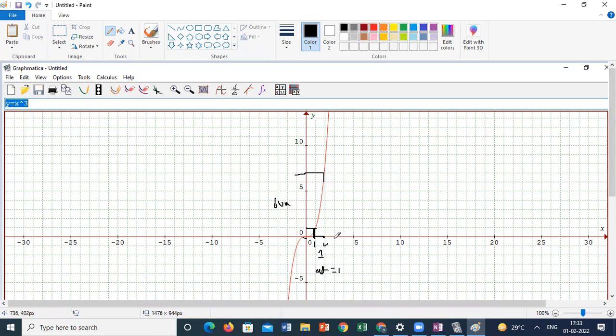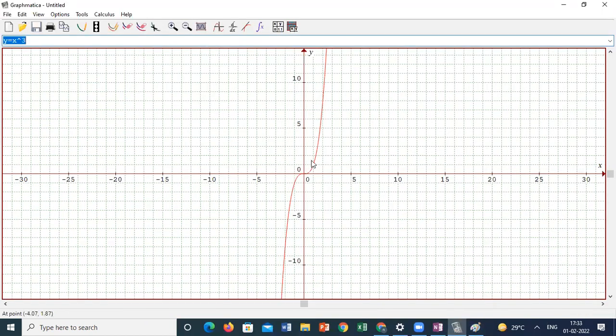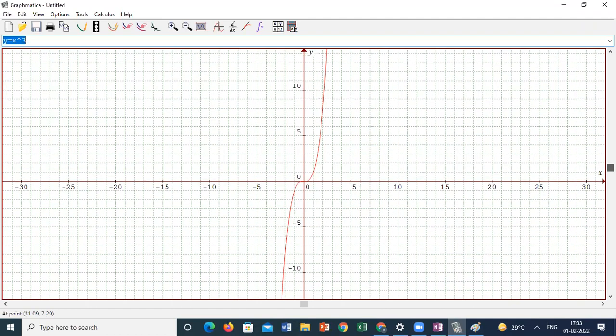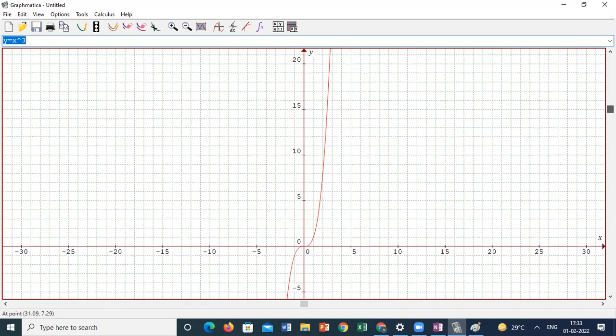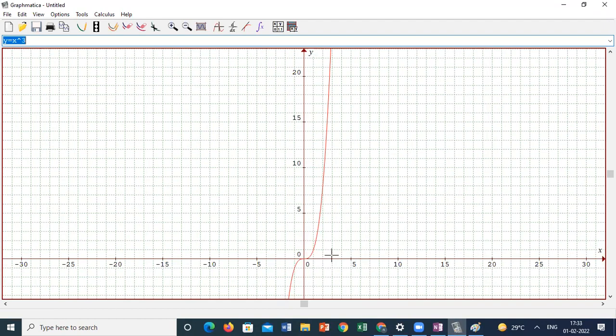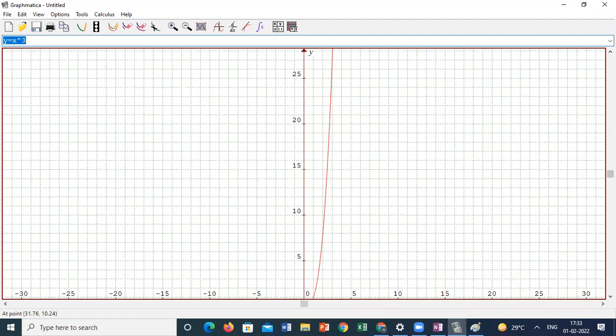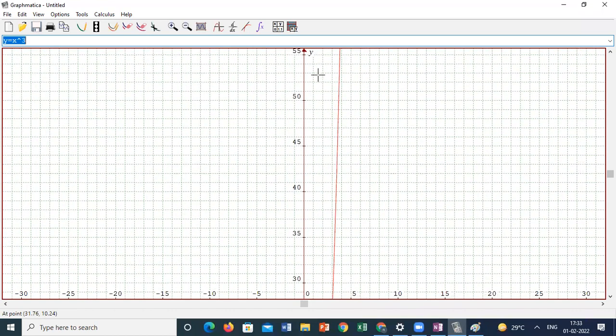Suppose I'm taking a function here, I have to zoom out to understand this one. If I'm taking between 3 and 4, where 3 is meeting somewhere at 25, and 4 is meeting somewhere at 55.